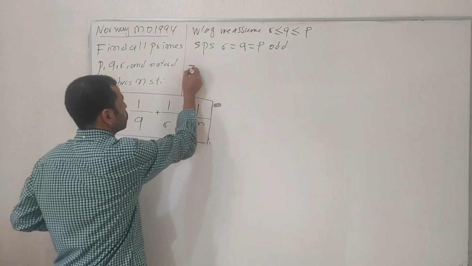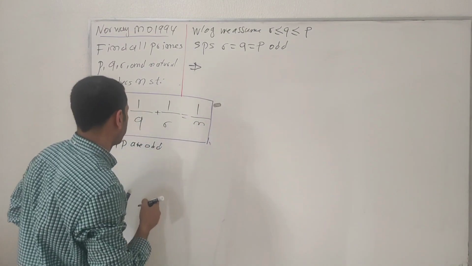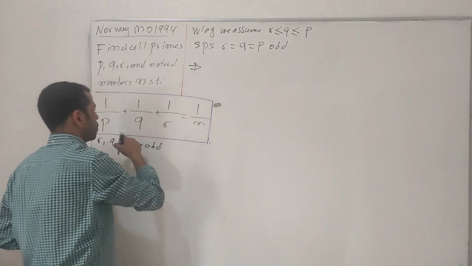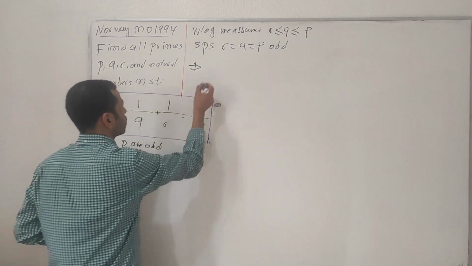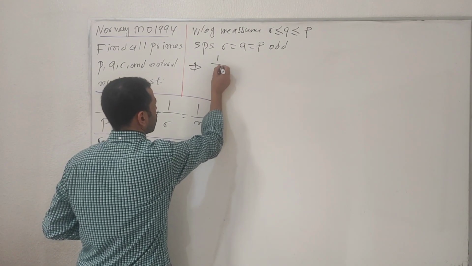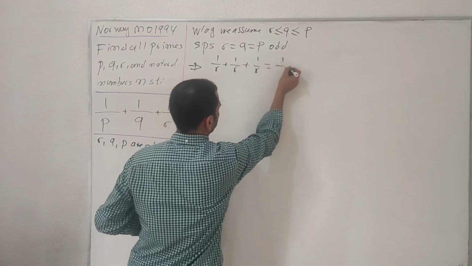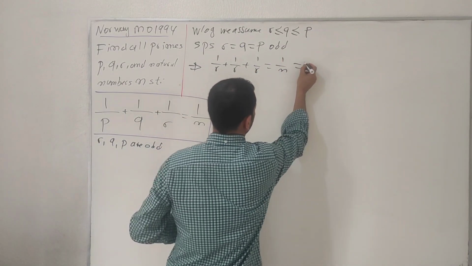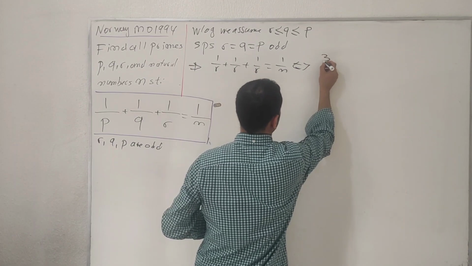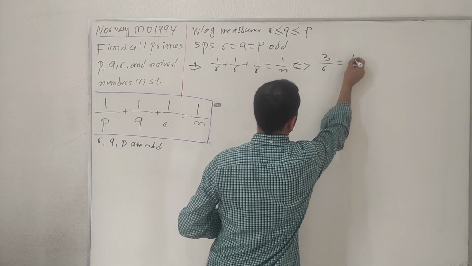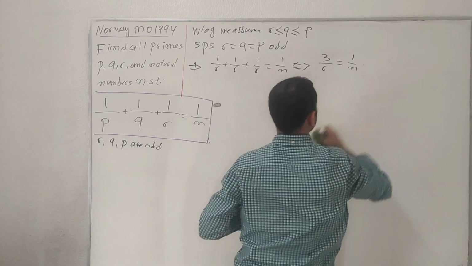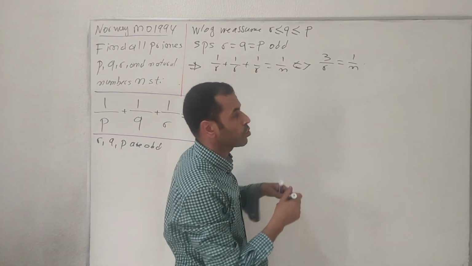I'm simply going to insert one of the primes into the whole equation in terms of r, which means I will have 1 over r plus 1 over r plus 1 over r equals 1 over n. Equivalently, I get 3 over r equals 1 over n. I'm simply going to take the reciprocal of this one.